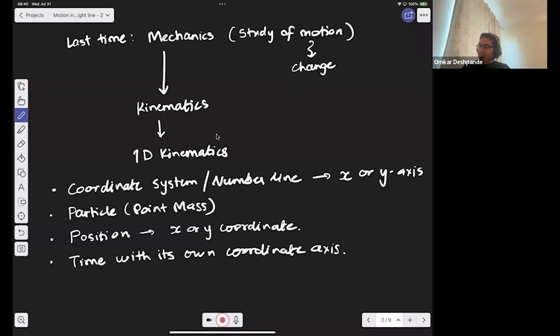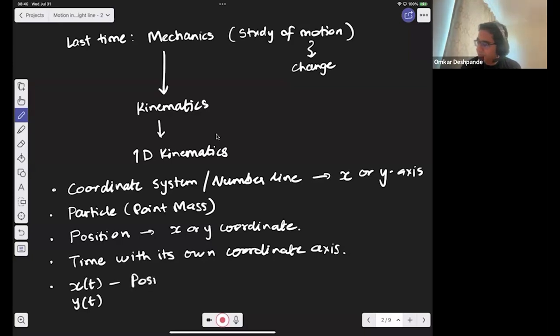So any time instant is really a real number along that time axis. And so we can describe the position of a particle, whether it's x or y, as a function of time, because it's really going to change over time.